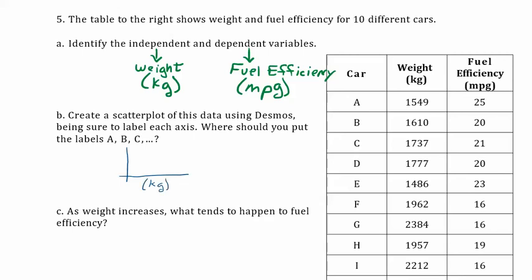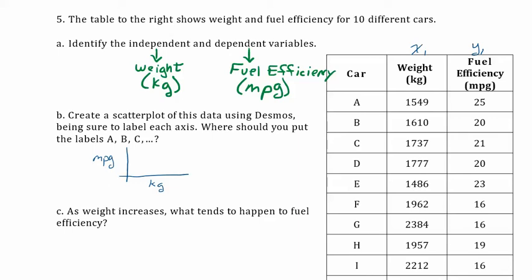This table is written how we want to do it. These are our x1 values in Desmos. And then the miles per gallon over here is going to be your y1 in Desmos. Okay, so go ahead and pause the video, go over to Desmos and do that.